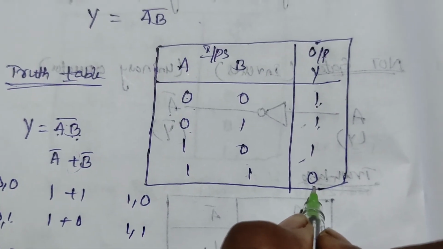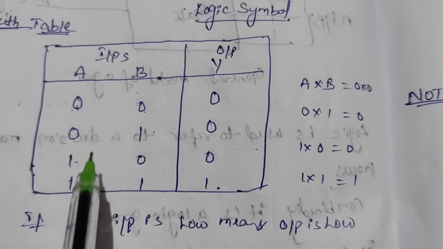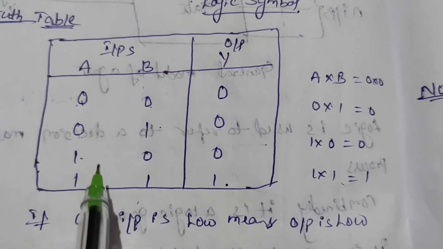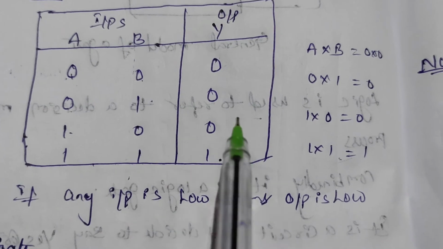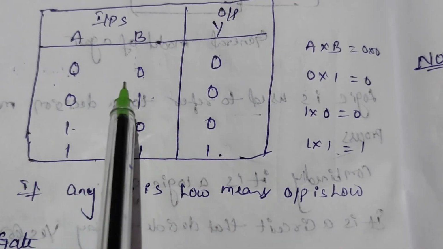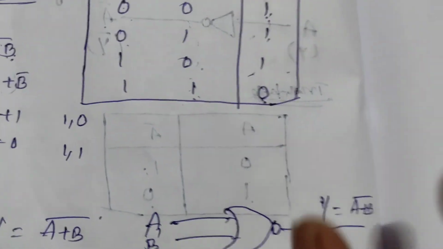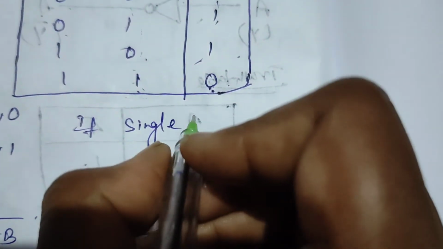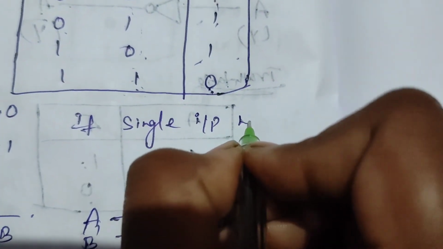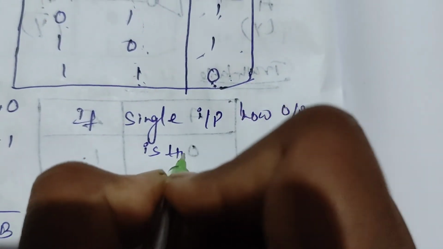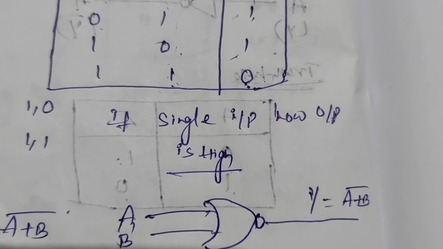So this is exactly the reverse operation of the AND gate. See here, if all the inputs are high, only then the output is low. If any single input is low, the output is high. So from this we can write: if any single input is low, the output is high for the NAND gate.